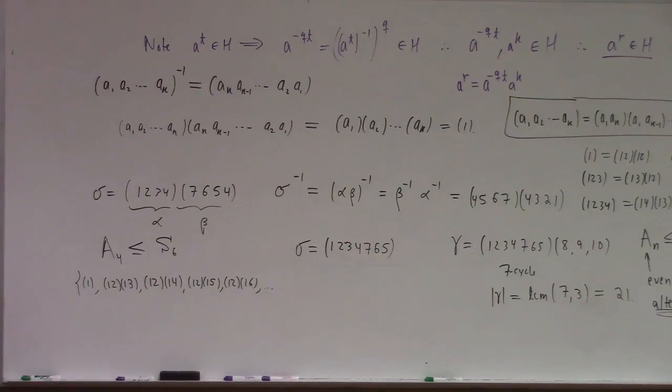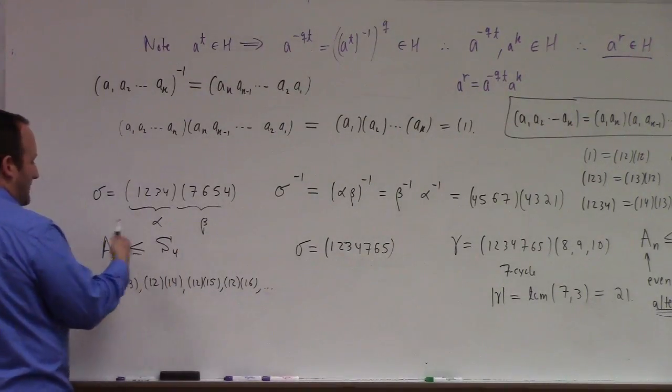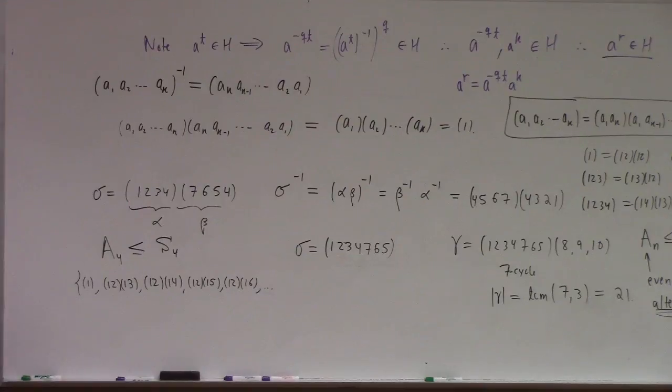Let me just hit the pause button on what I'm doing at the moment. S6 has 6 factorial permutations. Oh, I mean to say S4. S4 has 4 factorial permutations, that's 24.